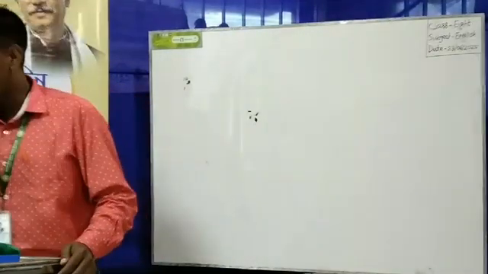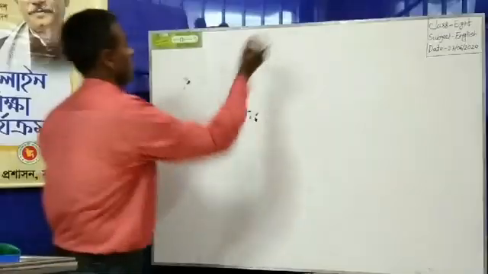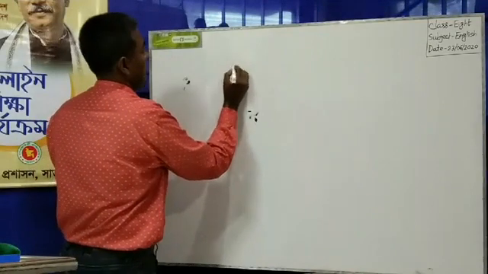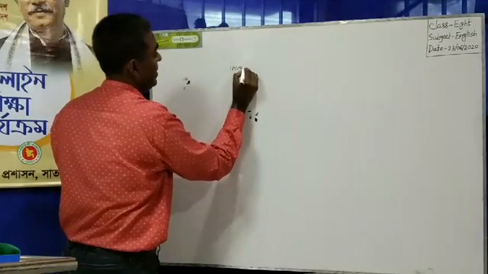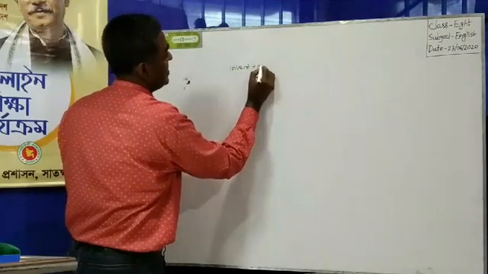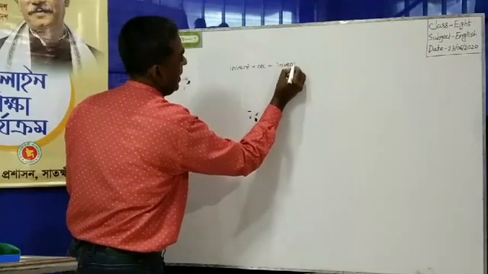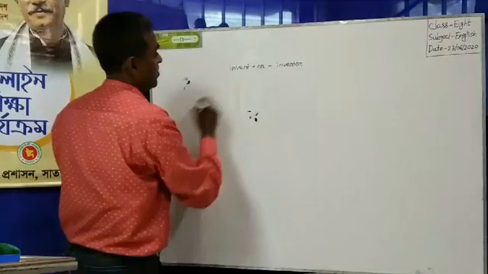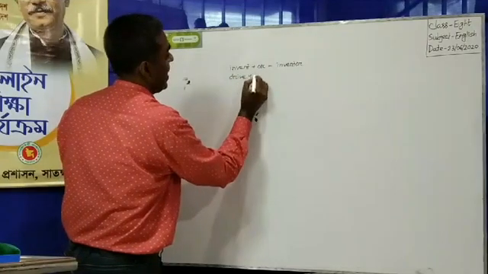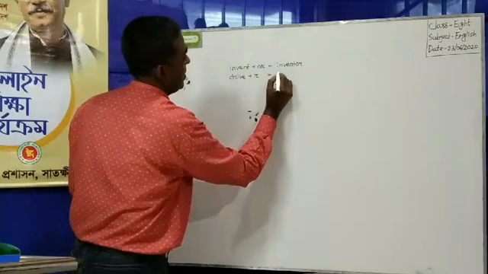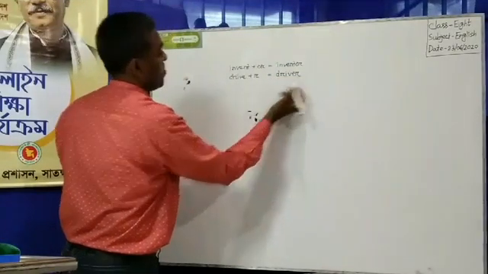This time, look at the board, what I am writing here. Invent plus or. That means inventor. Drive plus R. That means driver.